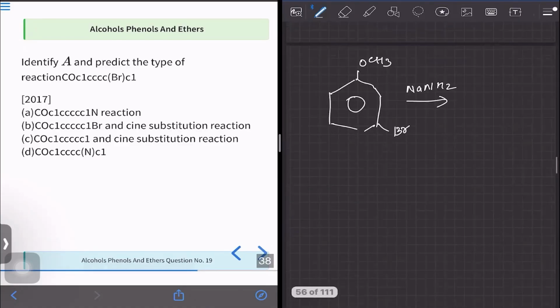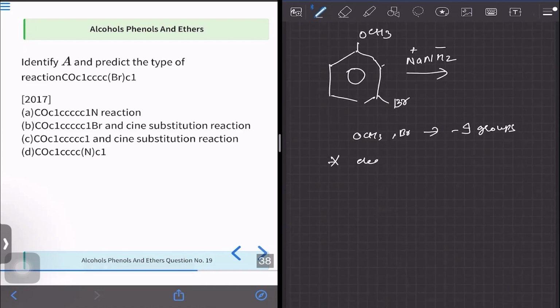See, in NaNH2, sodium is positive and NH2 is negative. And the hydrogen between these two groups, OCH3 and Br, these are highly minus I groups. Highly minus I means they are electron withdrawing groups.